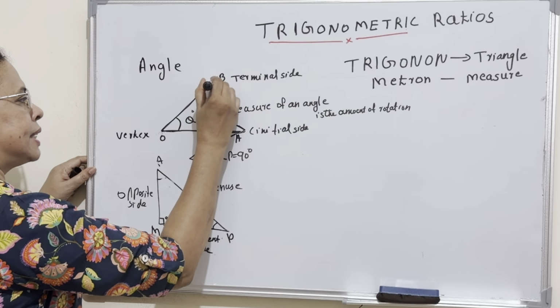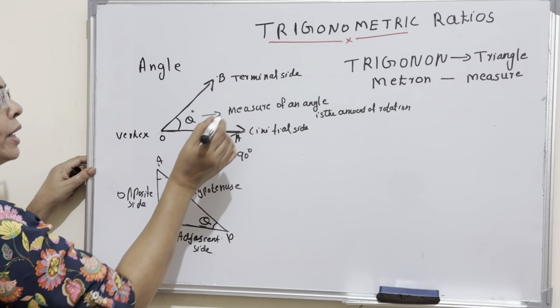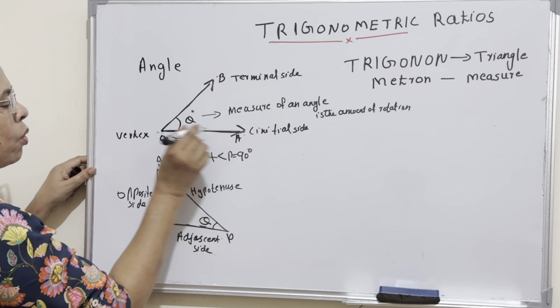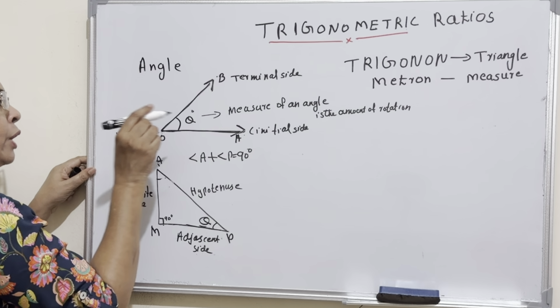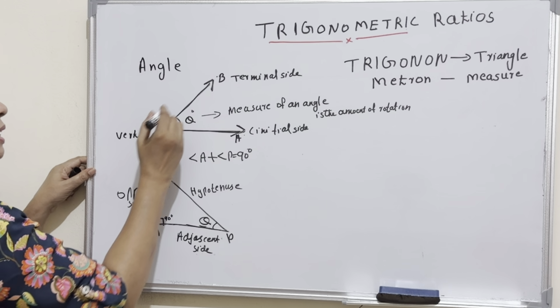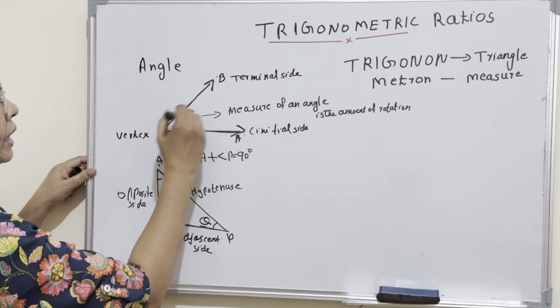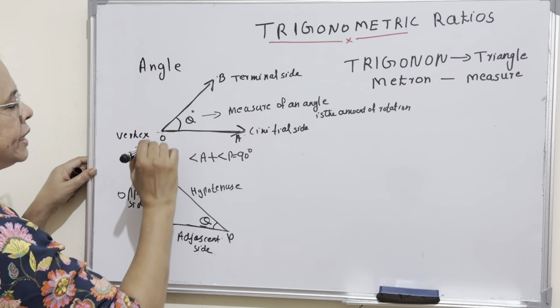Now this ray OB is called the terminal side, and OA is called the initial side. So the ray OA, through the end point O, I am rotating and it is reaching the side OB, that side we can call the terminal side.